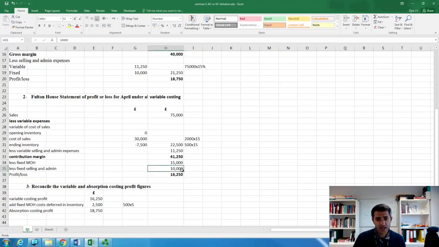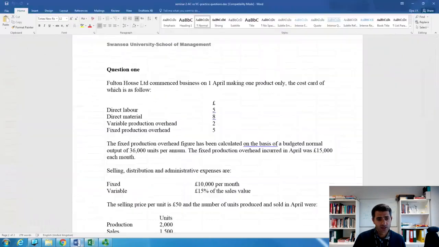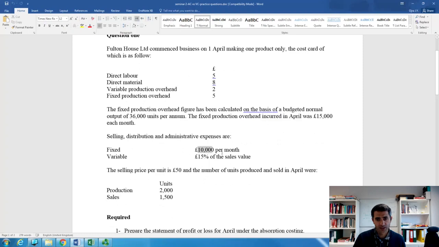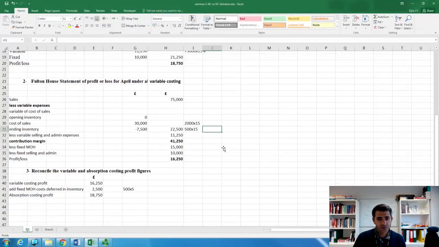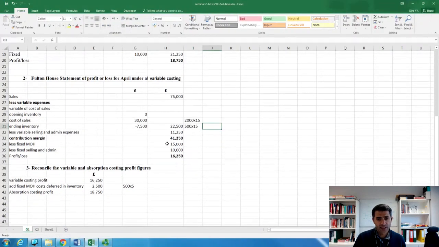So that's 10,000, and you know where the 10,000 pound comes from, the fixed selling and admin. So now if you look here, you will see that the total profit is 16,250 pound under variable costing.